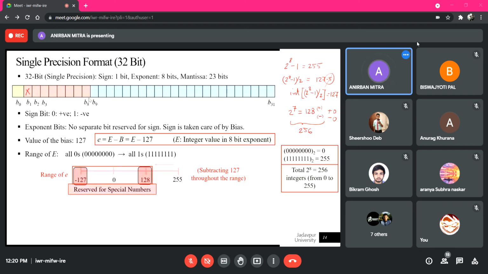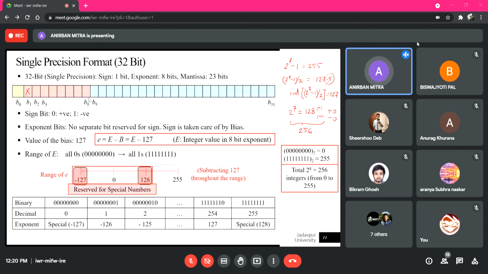But in this biased representation also, minus 127 and 128, that means the two extremes of this range, are reserved for special numbers. So if I go for this table, you'll see that the range of integer exponents in binary is represented in the first row that starts with 8 consecutive zeros.